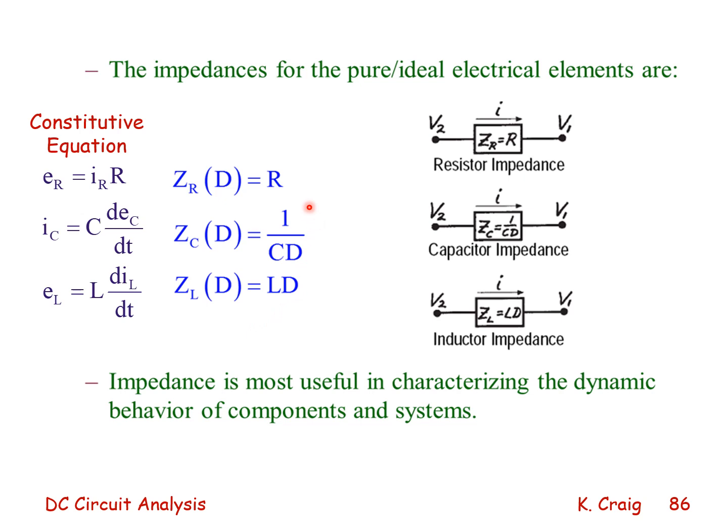And so we see here the mathematical representation of the impedance of a resistor, capacitor, and inductor, noting that impedance is just voltage over current. And here we see it in diagram form. And impedance is most useful in characterizing the dynamic behavior of components and systems, as we will see throughout the entire course.